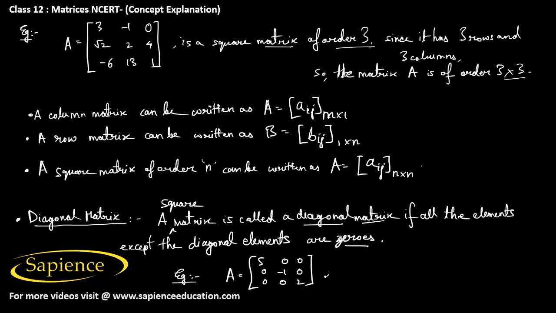So here A is a diagonal matrix of order 3. Then, what is a scalar matrix?